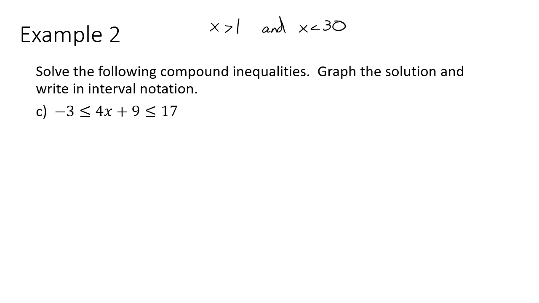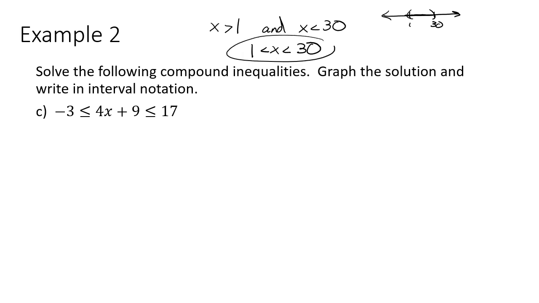You could actually combine that together, and you can always see if it's possible to combine based off of the graph of your solution. Our final answer was all the stuff in between. So x is greater than 1 and less than 30. So this is basically equivalent to saying your x is trapped between 1 and 30.